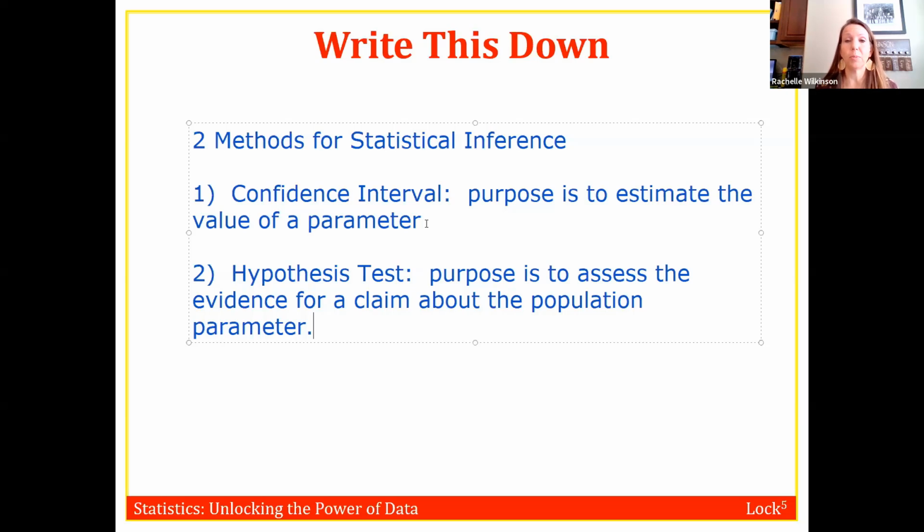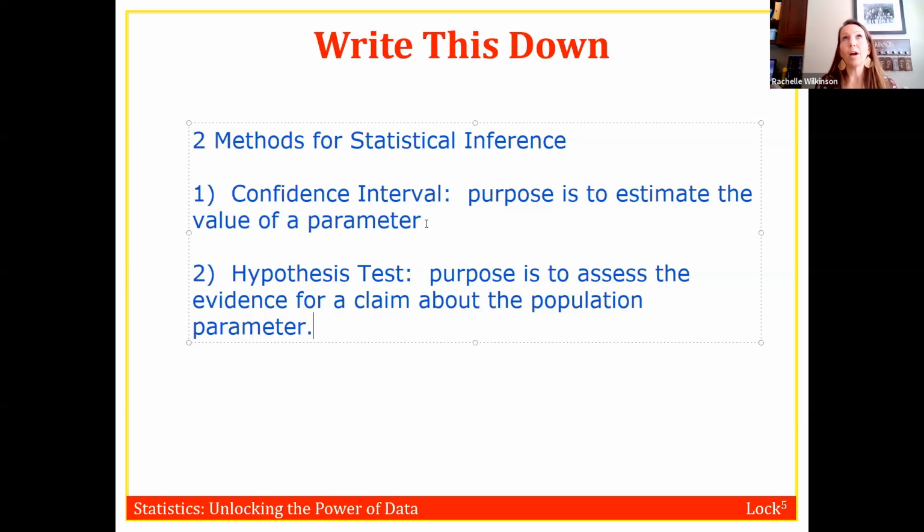Do they really deliver their pizzas in 30 minutes or less? So in a hypothesis test, we're going to collect some data, and then we're going to use the information in the sample data and compare that to the claim. And if they're close, then we're going to be like, okay, I guess I can't say they're wrong. And if they're really far apart, we're going to be like, gotcha, Pizza Hut, you do not deliver your pizzas in 30 minutes or less, kind of thing. So that's the difference there.